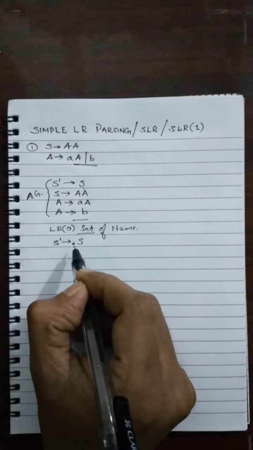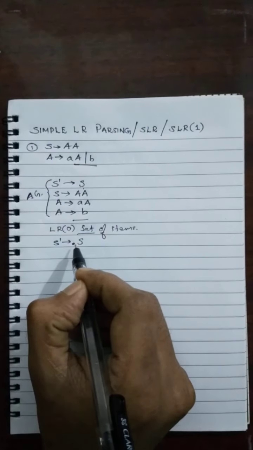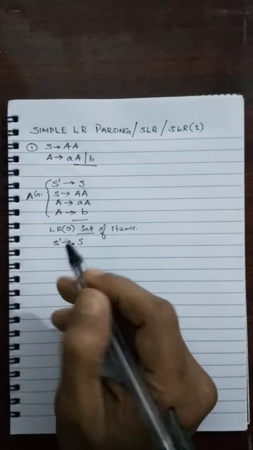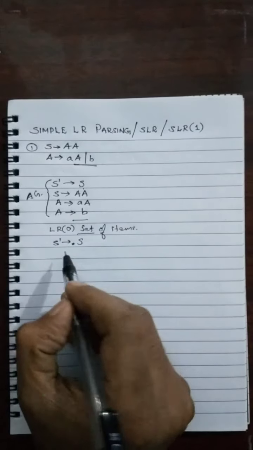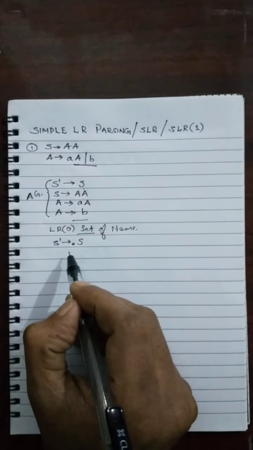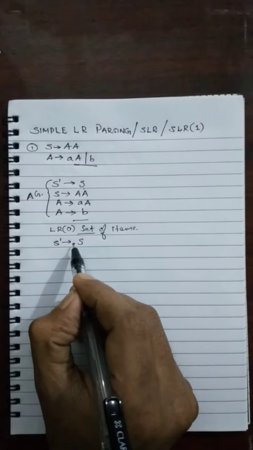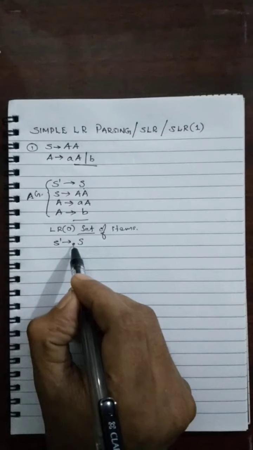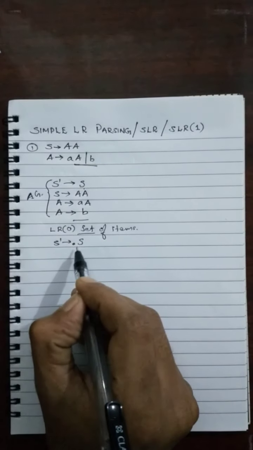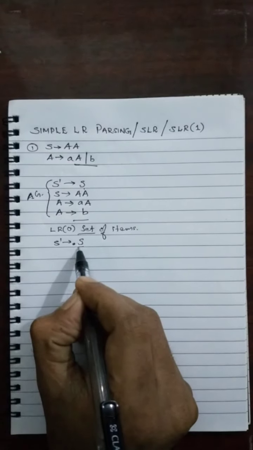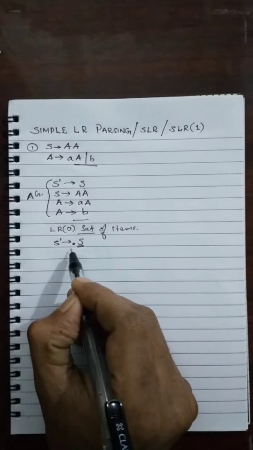We have to use two functions in order to create the set of items. What are the two functions? Those are the closure as well as the goto function. According to the closure property, we need to add the productions of S to this set of items.